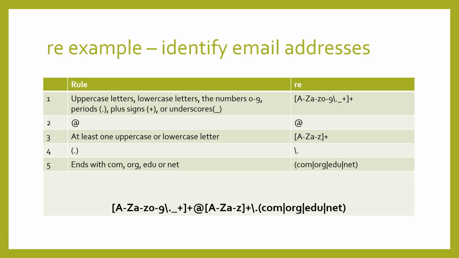When building up a rule for identifying email addresses, we can map it out like this. Rule number 1: the first part of an email address contains at least one of the following: uppercase letters, lowercase letters, the numbers 0 to 9, periods, plus signs, or underscores.